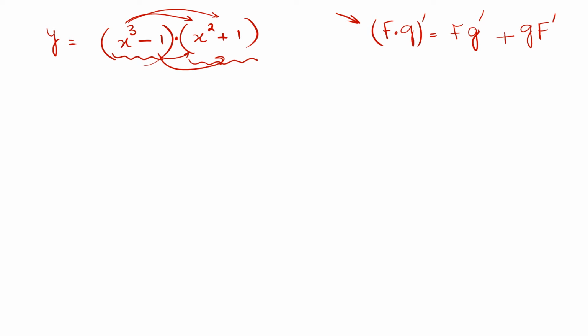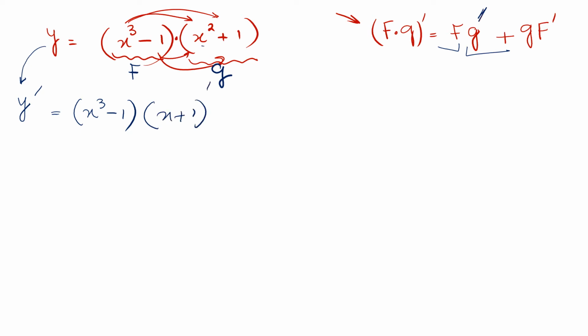Consider the first function and name it f, and consider the second function as g. Now, first of all, according to the formula, write them all. So you are going to take the derivative, that's why you write y prime. Now, what is written here? F means you will write x cube minus 1 as it is. Then g with the prime. So g is your x squared plus 1, and put a prime on the top.